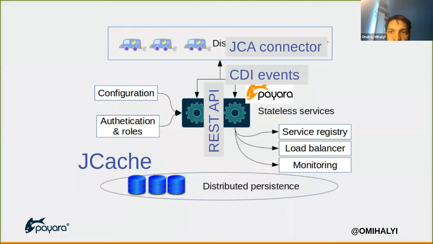If you start with CDI events, you might start with the CDI event bus built into the Payara platform, but you can also replace it with the JCA connector, which would listen to CDI events locally and send data through the JCA connector to any messaging system supported by the JCA connector.